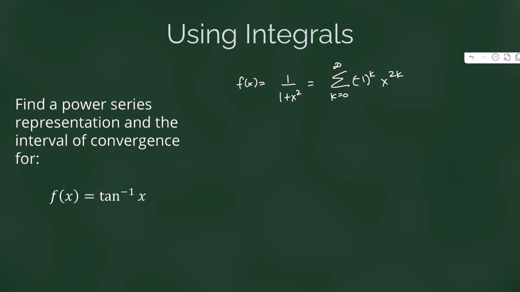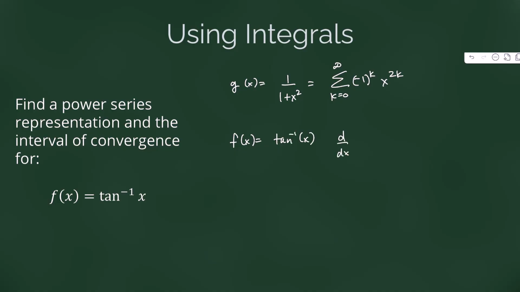And let's see how that might be helpful to us now in writing a power series representation for f of x equals the inverse tangent of x. So let me change this to a g so that we aren't using confusing letters here. So f of x now is inverse tangent of x.